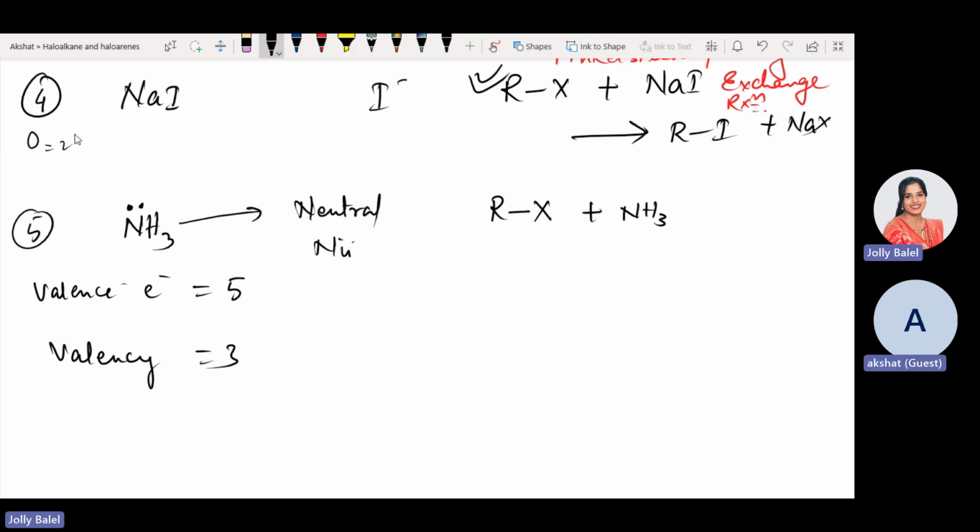When oxygen forms more than 2 bonds, it will attain a positive charge. So if this is the case, R N H3 will form like this, and X minus is moving here and there. So how many bonds did nitrogen form?